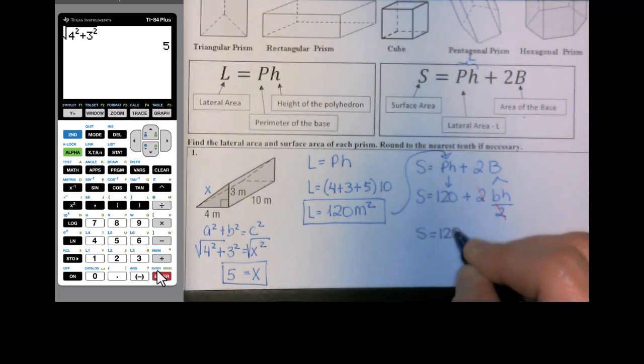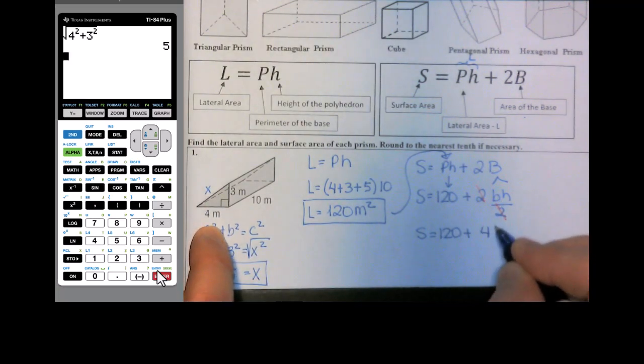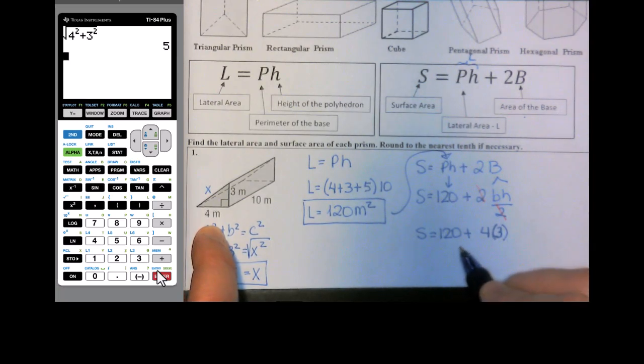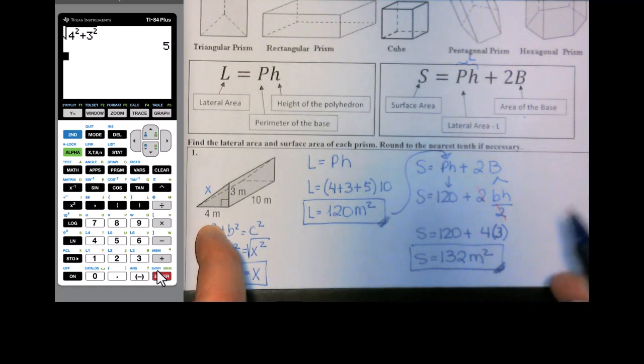So this would be 120 plus the base of the triangle is 4, the height is 3, so 4 times 3 is 12, plus 120, 132 meters squared. So there you go. We have the lateral area and the surface area.